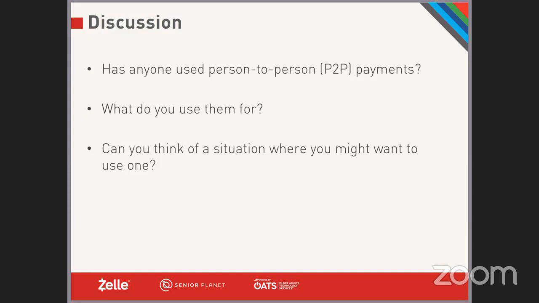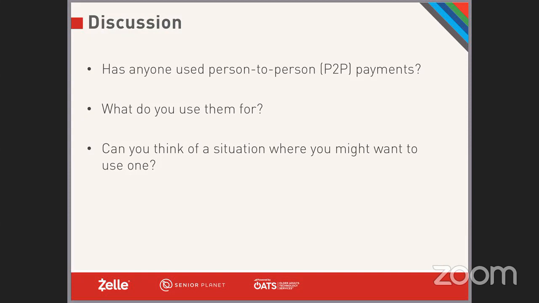Just to follow up on what Larry was saying, it is person to person. So it's not a service that you use at the store. It's just to pay another person that has a personal checking account. But it's a great way, as Larry demonstrated, if you're not able to be there for somebody's birthday and you just send them some money.